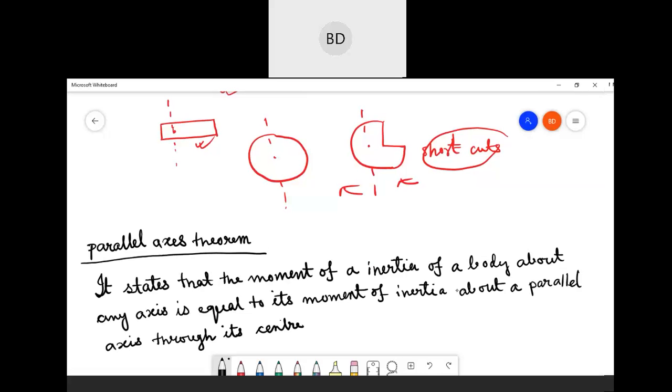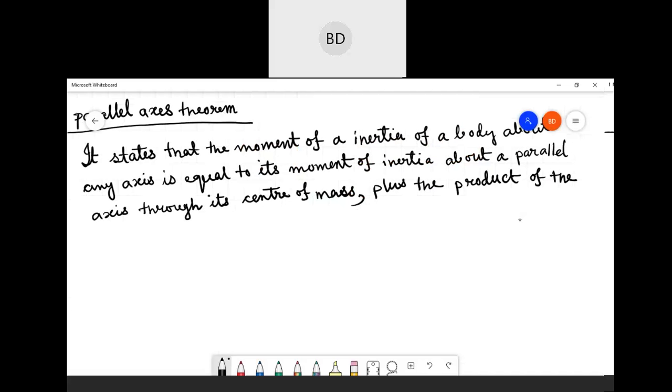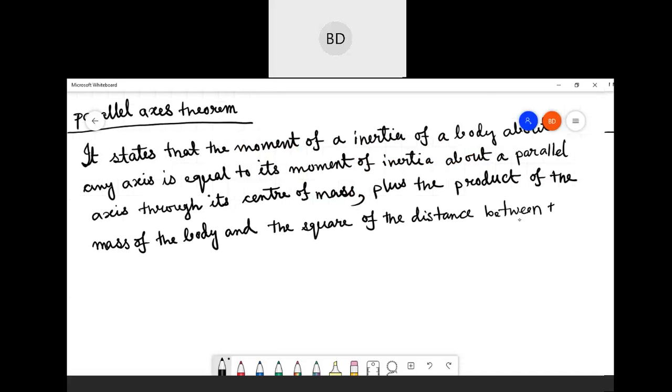So what is a center of mass? Center of mass plus the product of the mass of the body and the square of the distance between the two axes.